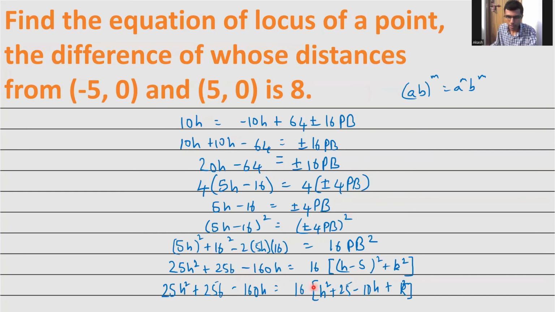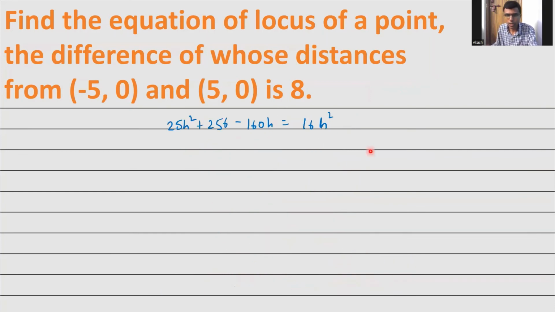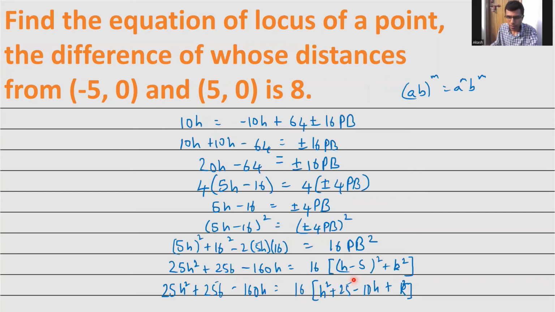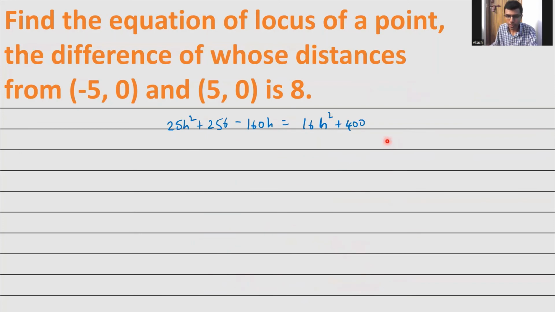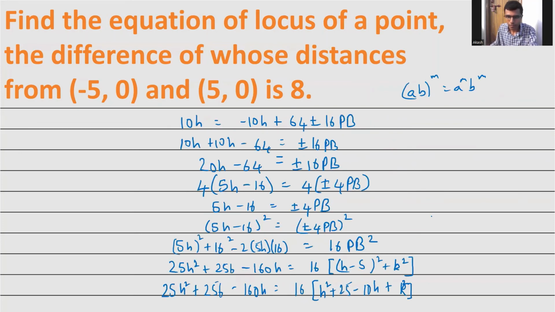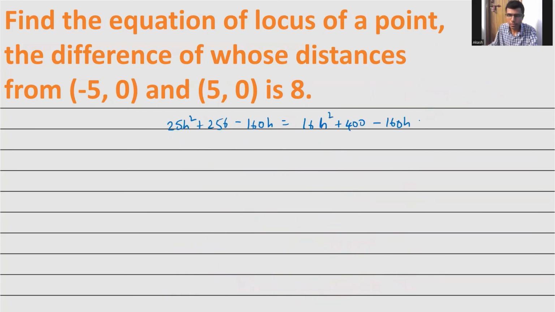I'm just multiplying this. 16 into h square, 16 into 25 is 400, plus 400, and then 16 into minus 10h is going to be minus 160h, and 16 into k square, so I get 16k square. Now you see minus 160h and minus 160h here cancel.